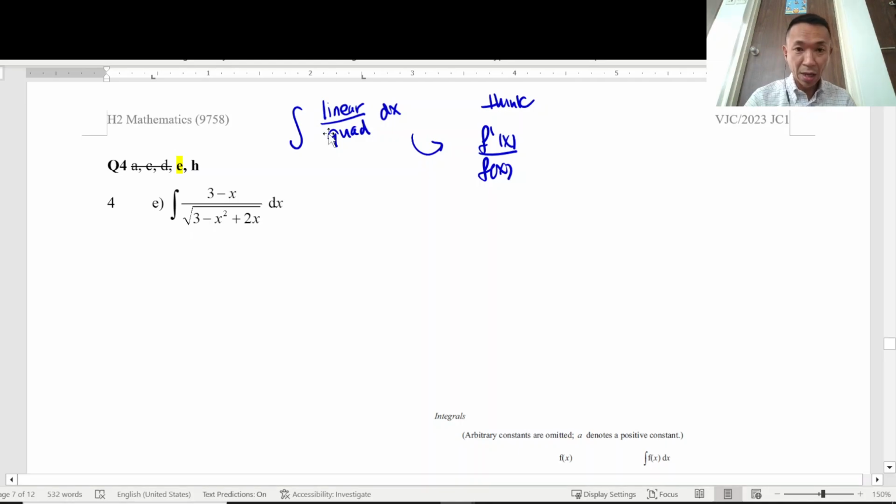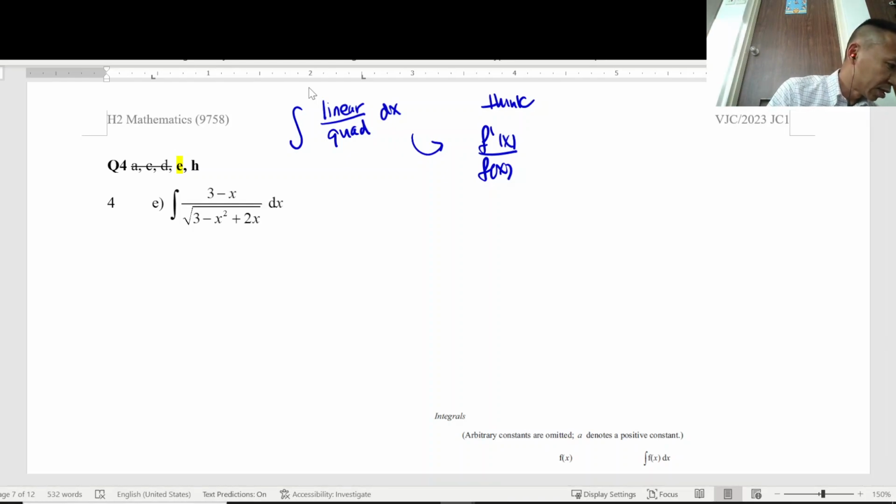If I may refer you to question 3A. All right, you see question 3A. So question 3A would have been reduced to linear over quadratic.